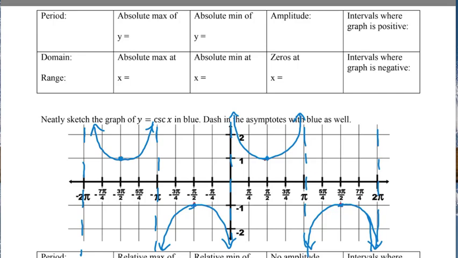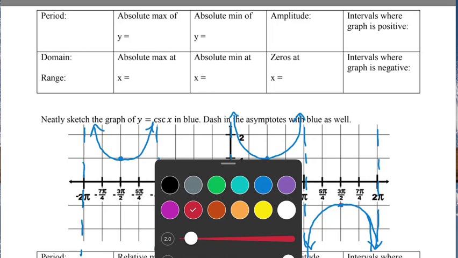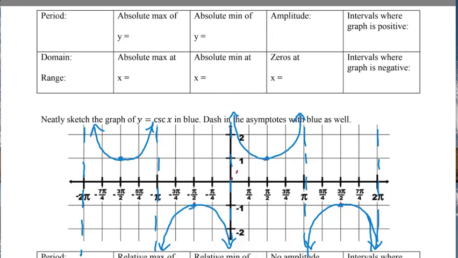If I draw in the sine graph just as a dashed line, you would see that it goes this way. So these branches of the cosecant graph also continue continuously from left to right, just as the sine wave does.